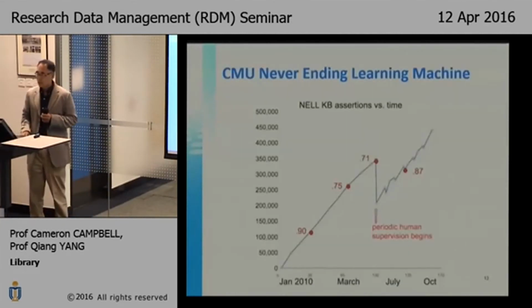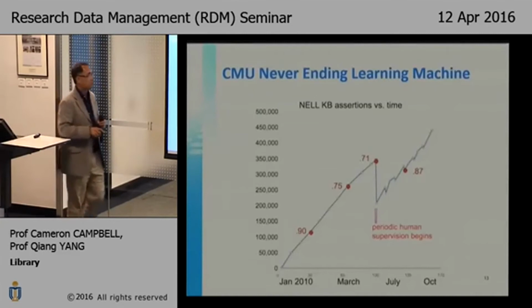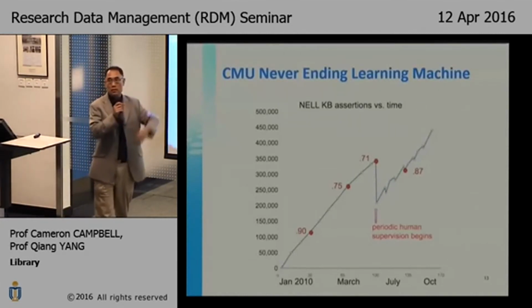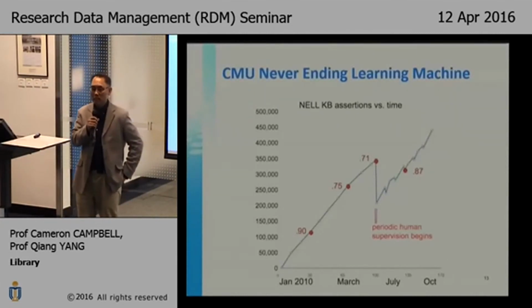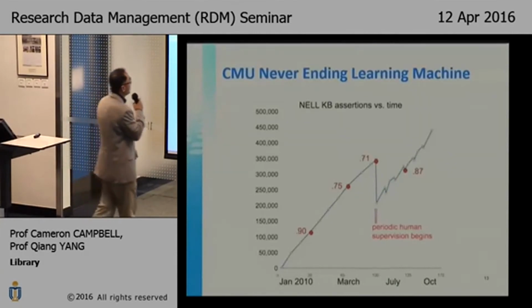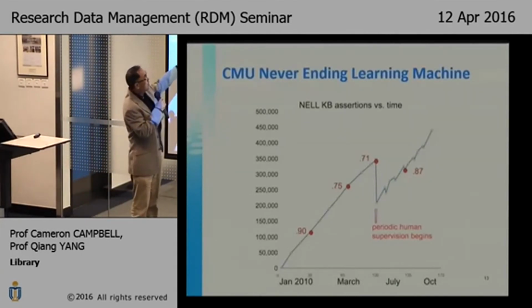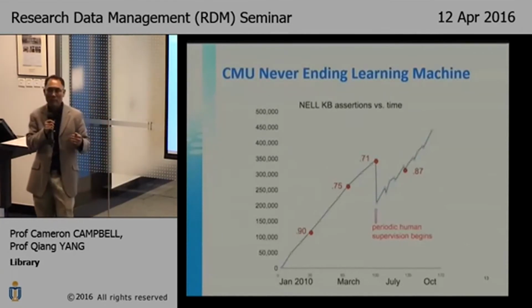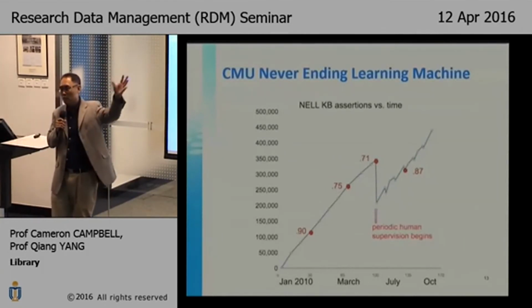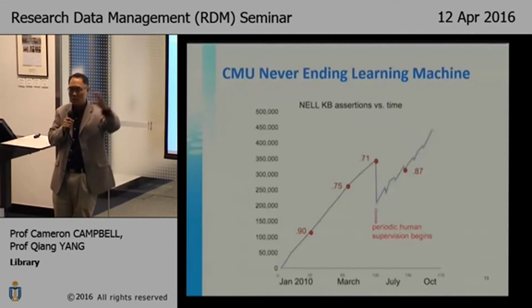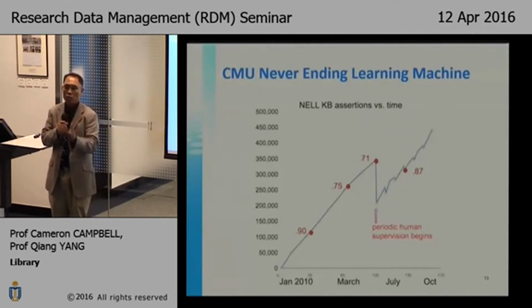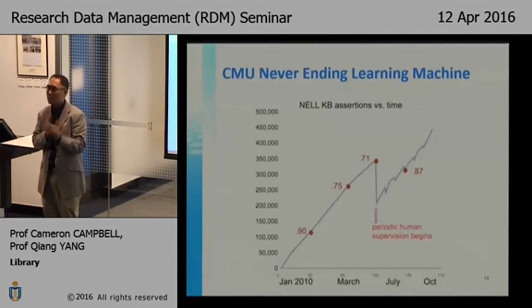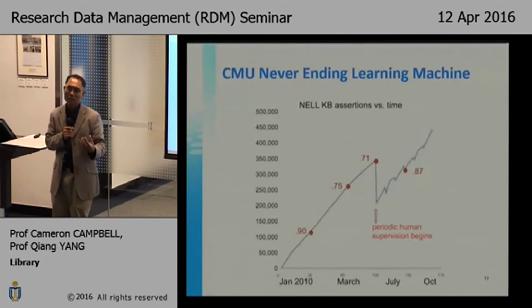But data can be dangerous. This is an experiment done at Carnegie Mellon University, which runs a computer we can call a perpetual learning machine. It's really a perpetual machine in the sense that it extracts web pages one at a time and tries to find some simple facts from each page.